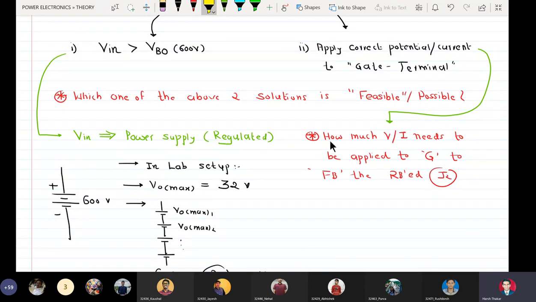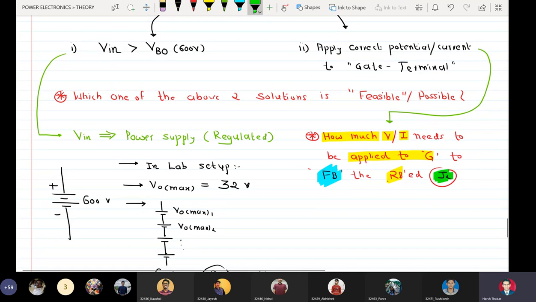Okay, let me highlight it. How much voltage or current needs to be applied to the gate to forward bias the reverse bias junction J2?